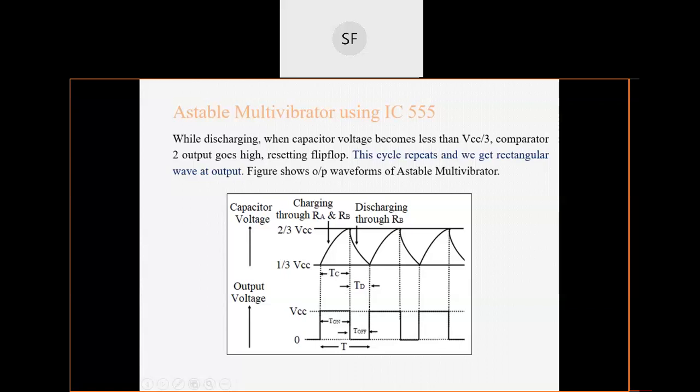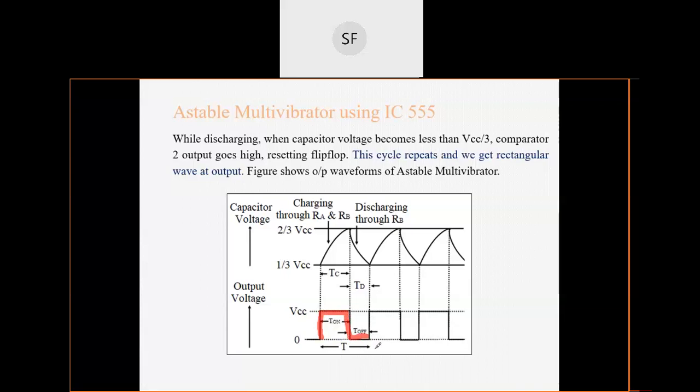So total time period of this particular wave, total time period क्या होगा, it will be T. It will be the addition of T on plus T off. One complete cycle कैसे आप measure करोगे? Now, suppose you are starting from this point, so one complete cycle will be like this. And now this cycle is repeating, you can observe, यहाँ से यहाँ तक, right?